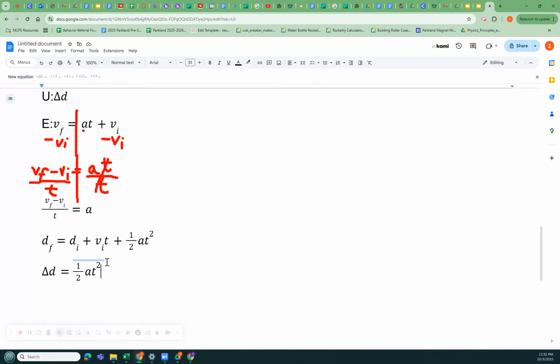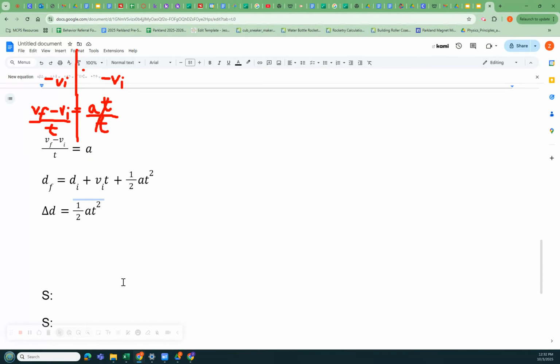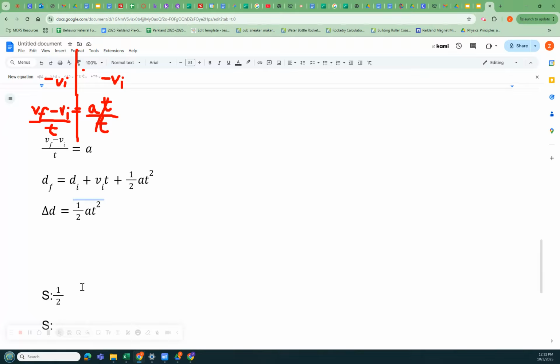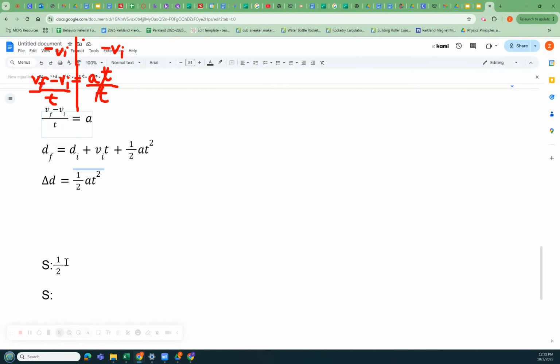Why don't we just go ahead and solve that for now, and then we'll go back and solve for the additional distance when the skater is going the same speed the whole time. So to solve that, just do 1/2 of, I'll just plug this right in there, VF minus VI divided by T, because that will be acceleration.